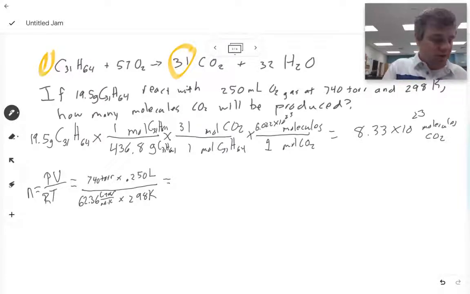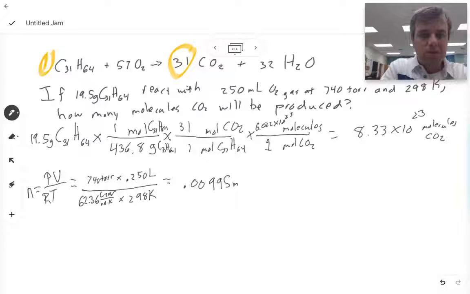So we take 740 times 0.25 divided by 62.36 times 298. And we come up with 0.00995 moles of oxygen.